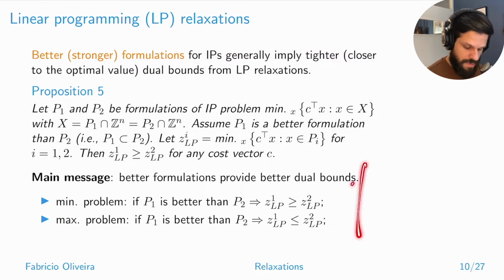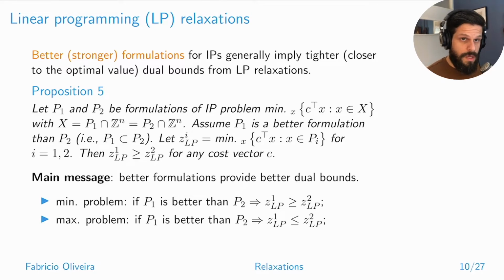So this is the main message that we are trying to convey. If P1 is a better relaxation, it's going to give you better bounds. And that's something you want, because what we're going to see in the next video is that solving an IP is nothing more than successively obtaining improved relaxations for your problem and solving it, but doing it in an iterative and enumerative way.